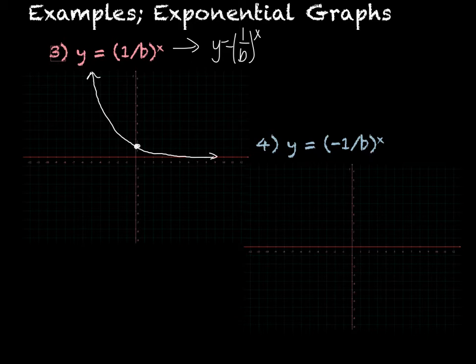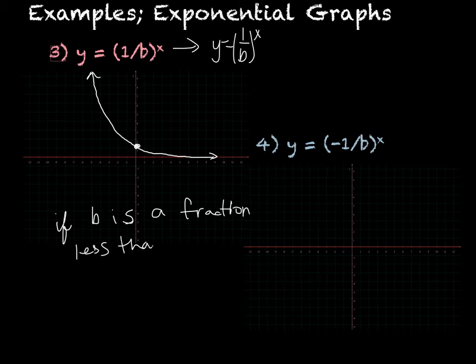It's never going to cross the x-axis. So if b is a fraction that is less than 1, then it's going to look like that.